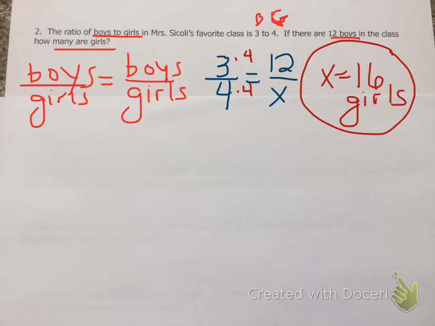If, let's say, we got a number like 2, obviously that wouldn't make any sense. How could we have 2 girls when the ratio of boys to girls was 3 to 4 in the first place? So always take a look at your answer and make sure it makes sense. For every 3 boys, there's 4 girls. For every 12 boys, there's 16 girls. And that makes sense. Okay, moving on to the next one.